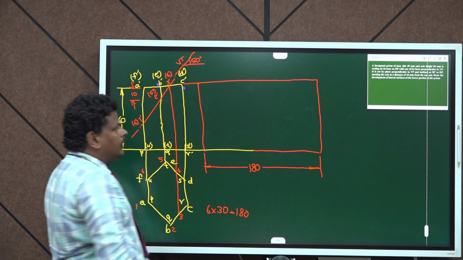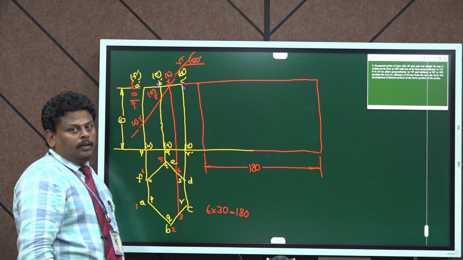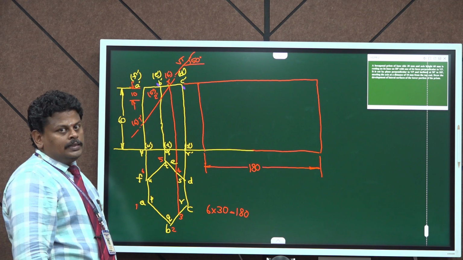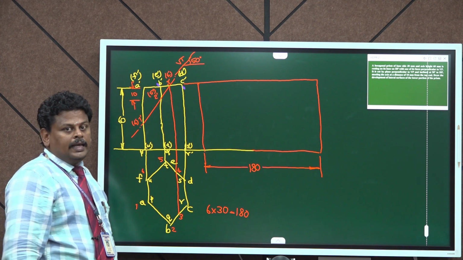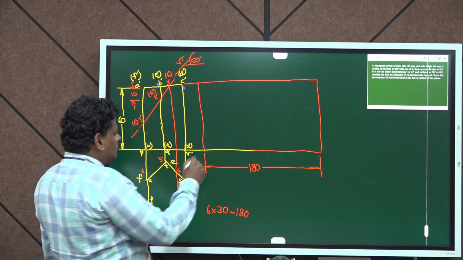And let us cut this 180 mm development section into 6 equal parts, as the hexagon has 6 edges.